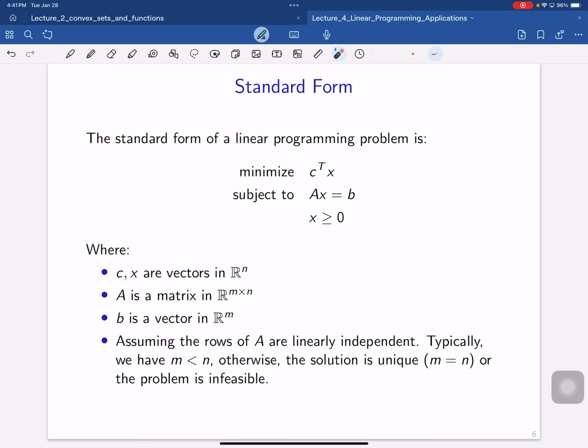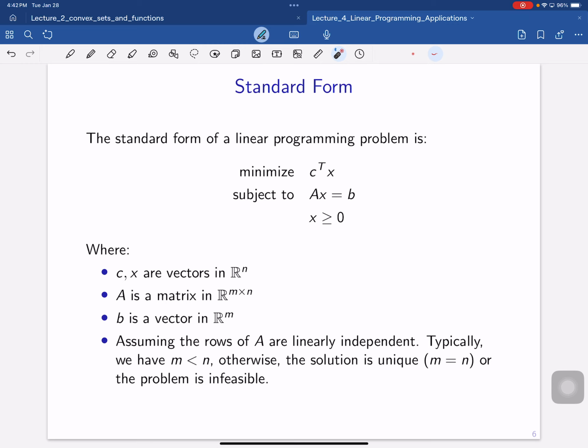Another note here is that usually we assume the rows of A are linearly independent, right? Typically, we have the number of equalities less than the number of variables. So imagine if you have the same number of equations as the number of variables, you are solving a linear system.